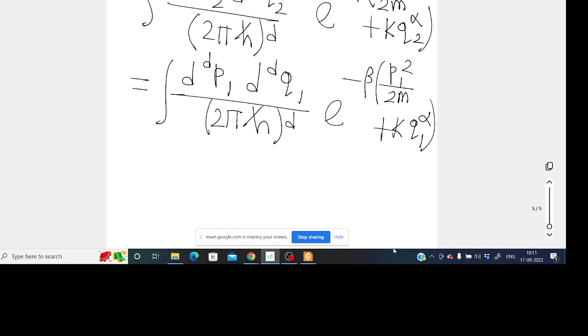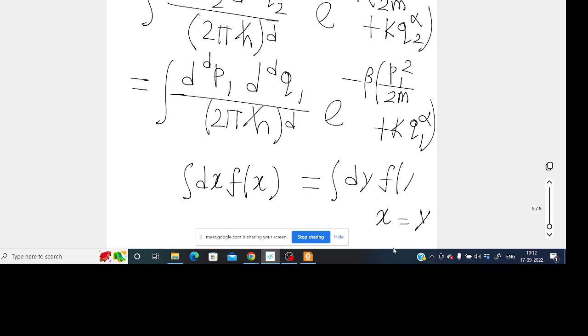I am just saying that let's say there is a function f(x), and if you integrate it, now just consider x equal to y. Then you will get this thing. There is nothing else, I am just doing that. Okay, sir. Clear.